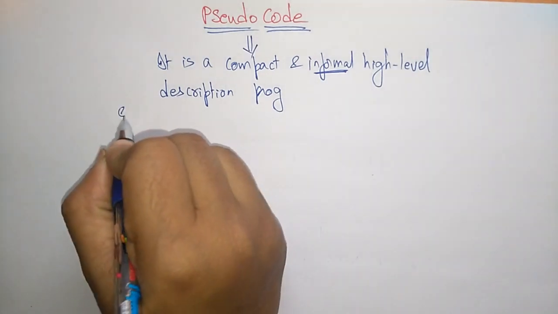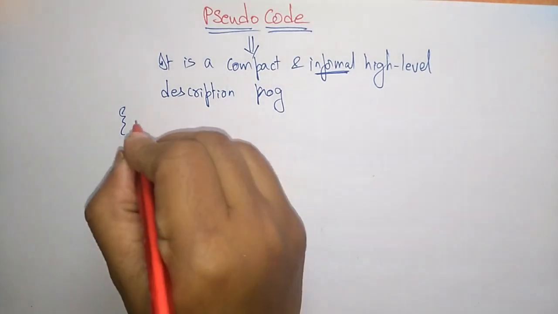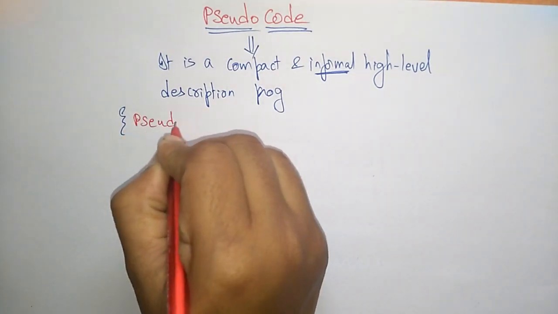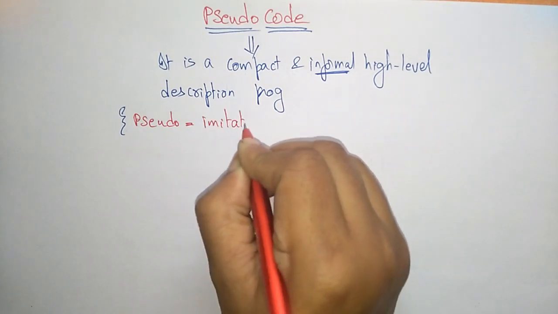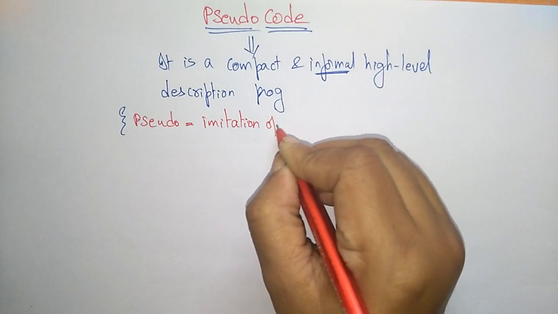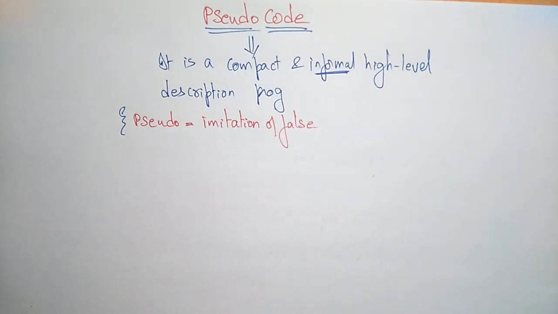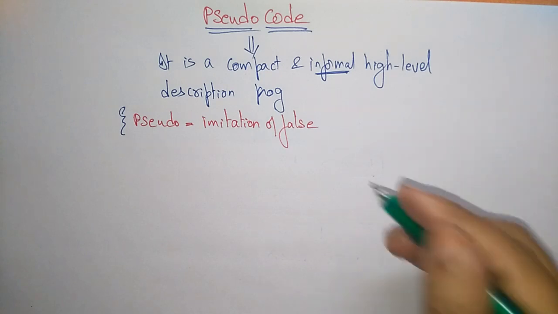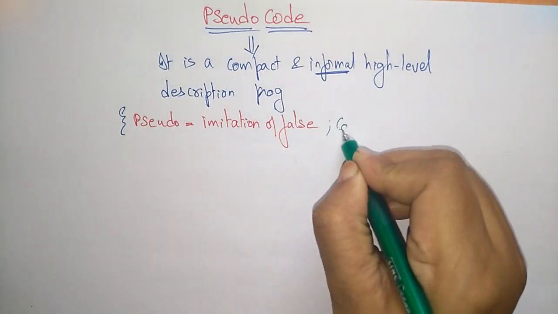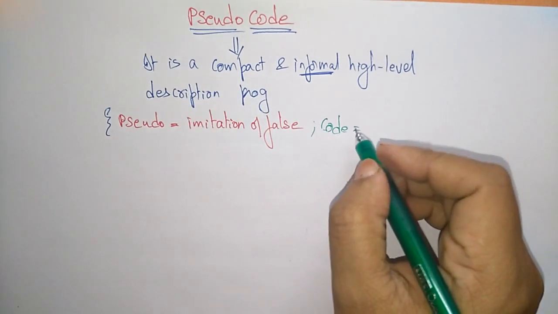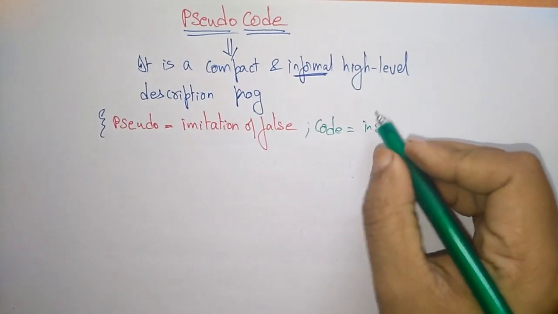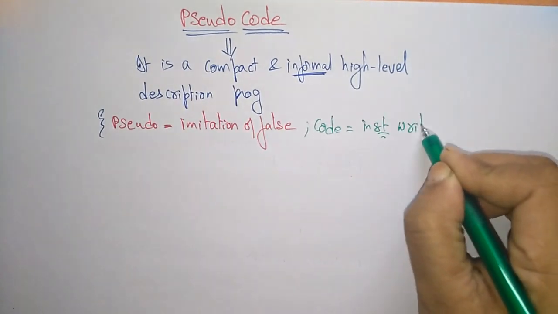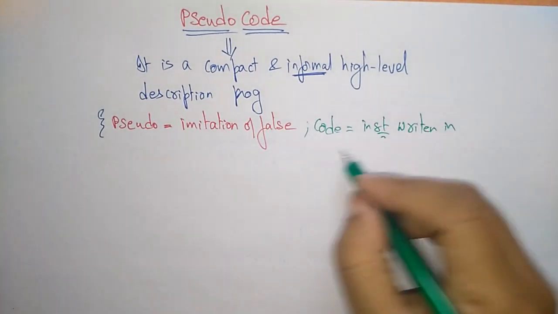A pseudocode is a compact and informal high level description of a program. Here the name pseudo means imitation or a false state. It's just imitation or false, that you call a pseudo. Whereas code refers to the instructions written in a programming language.